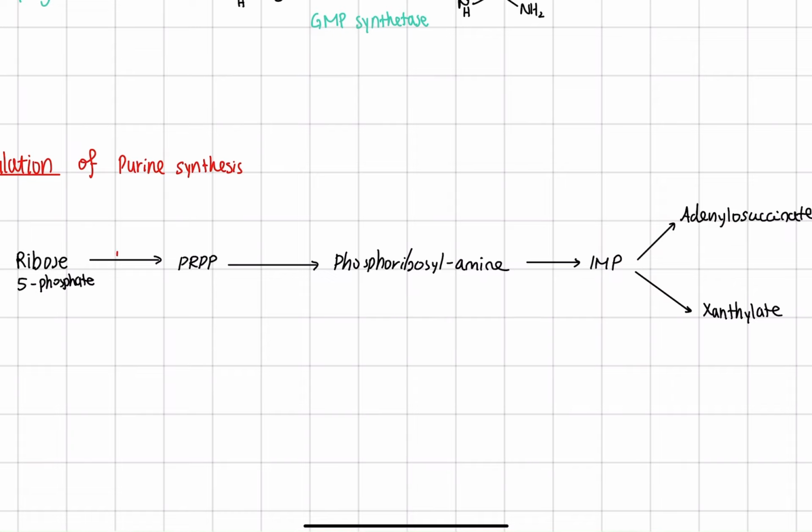So here, these are inhibited. This is the inhibit sign by IMP, AMP, and GMP. Why?